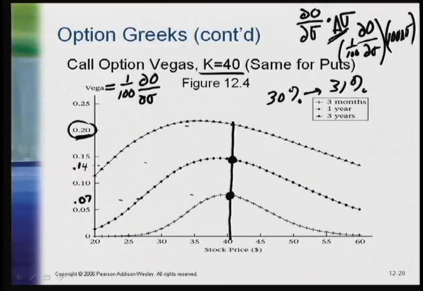So you just see the hundreds cancel out. And this is the same convention used for rho and psi. The numerical units of vega are not actually the derivatives. The derivatives are 100 times bigger than this. The derivative of this would be 20. The derivative of this would be 14 and 7. Okay, so it's important you understand this convention for the purposes of working on problems.